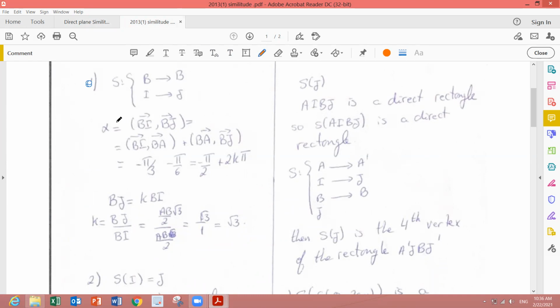So the angle alpha is BI BJ, which equals BIBA plus BABJ, equal minus pi over 3 plus minus pi over 6, which is minus pi over 2 plus 2k pi. Now to calculate the ratio, BJ equals K BI, K equals BJ over BI.